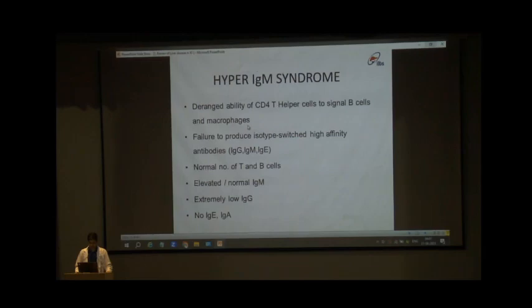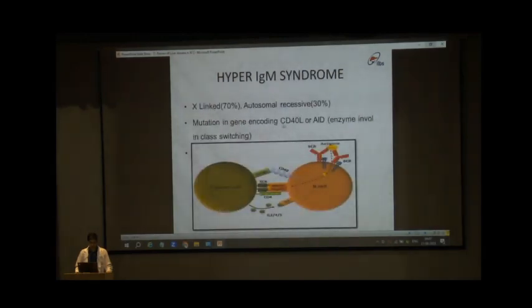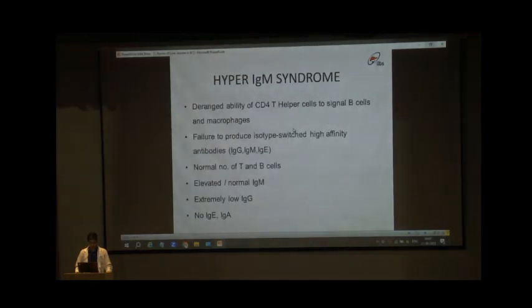In patients with hyper IgM syndrome, there is deficiency of the CD40 ligand, and there is no interaction between T helper cells and B cells. So there is lack of switching of the isotype from IgM to other types of antibodies. There is normal function of T and B cells, but there is elevation of IgM and no synthesis of other types of antibodies.